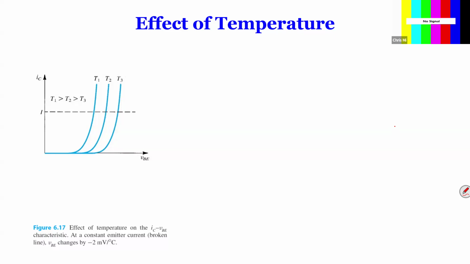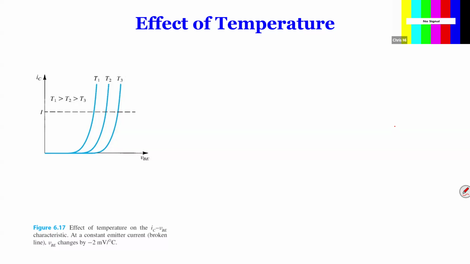That's why we have to deal with that temperature change. What you see directly is the current changes with temperature, and that is reflected in VT. Remember VT, 25 millivolts? Usually that's at 25 degrees C, but when temperature changes, that value actually changes.